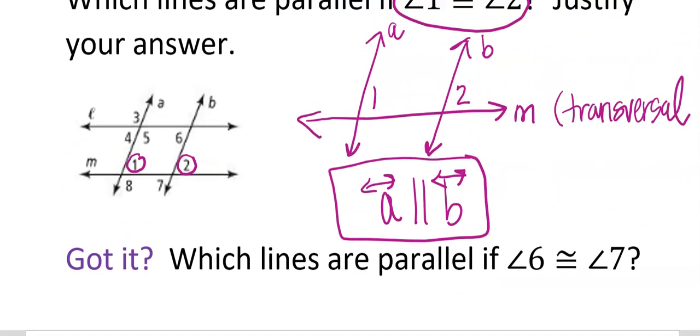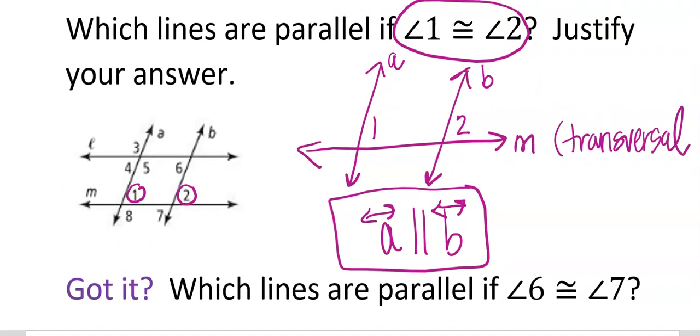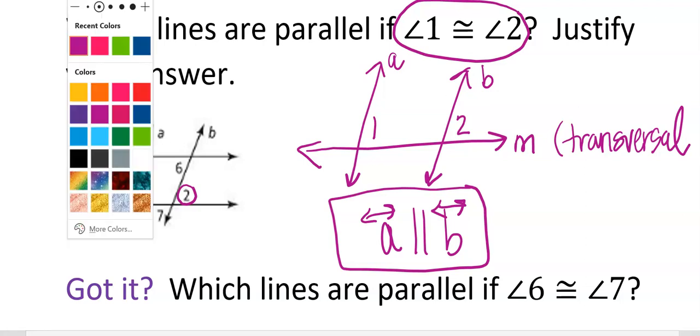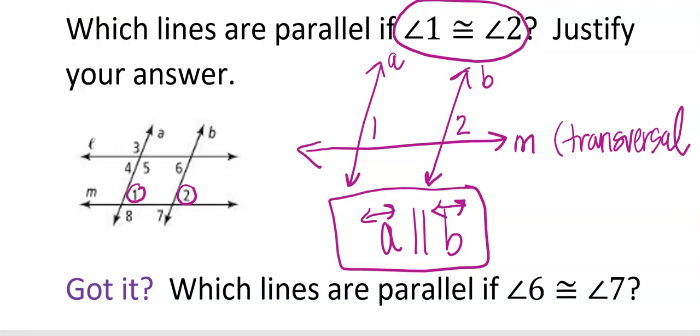Which lines are parallel if angle 6 is congruent to angle 7? So I'm going to do this one in a different color. I'll do green. So 6 and 7. What kind of angles are those? Corresponding again. Remember, same side, go here. 6 and the one that's missing right there are same side.